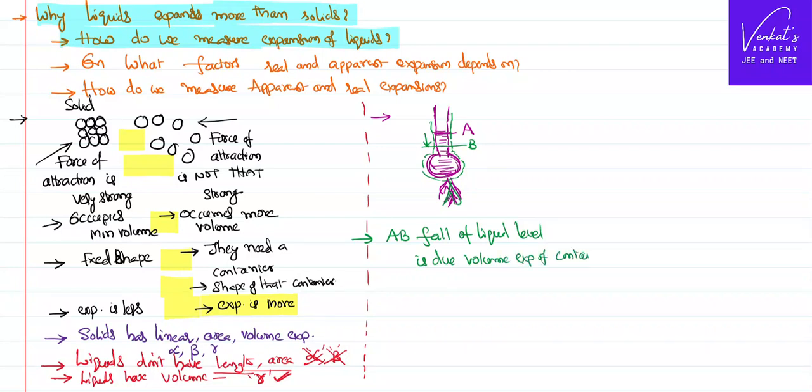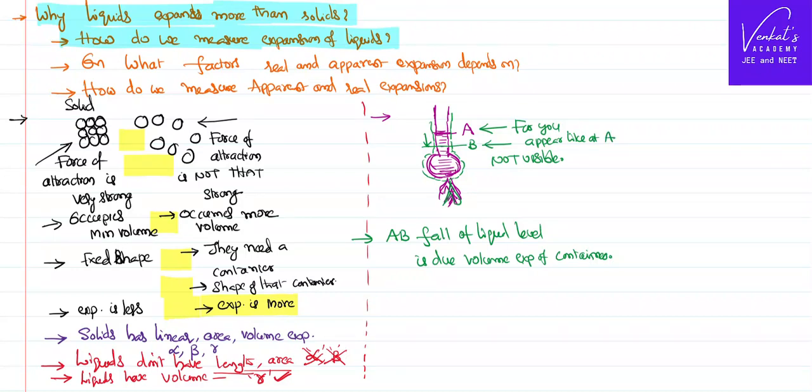Now the liquid level, though it has fallen to the level B, is not visible for you. You won't be able to see it. You see liquid level at A itself. For you, the liquid level appears to be at A itself, though it has fallen to level B.